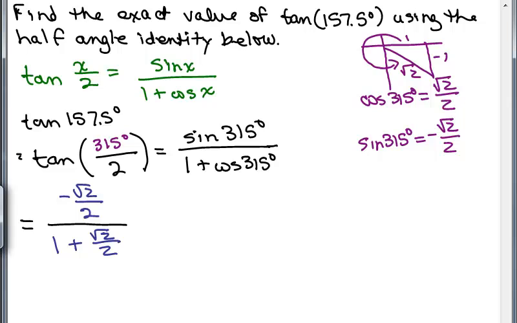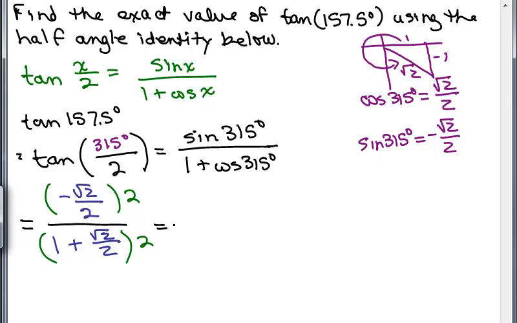So I have a complex fraction here. So the first step is to eliminate the complex fraction. You could use any method you want for that. I like to do it by multiplying the numerator and denominator by the least common denominator, which in this case is 2. So I'm multiplying the numerator by 2 and the denominator by 2.